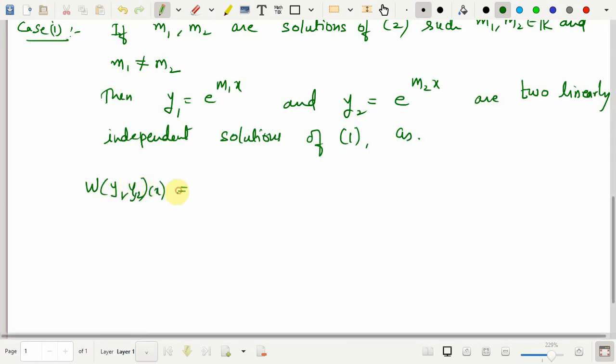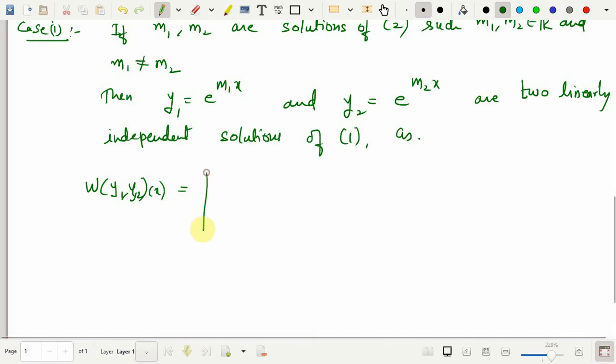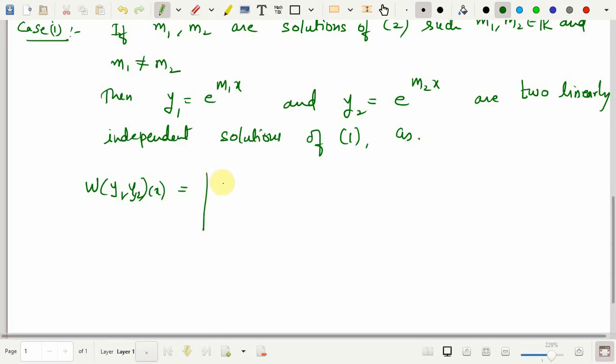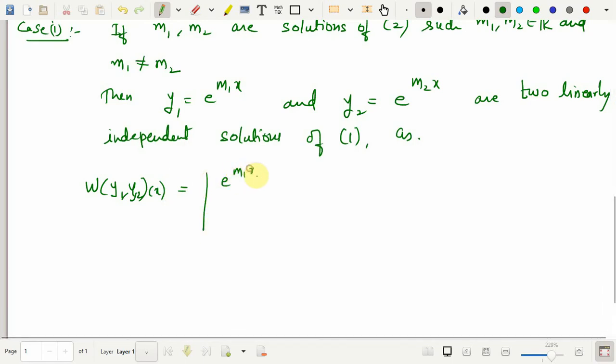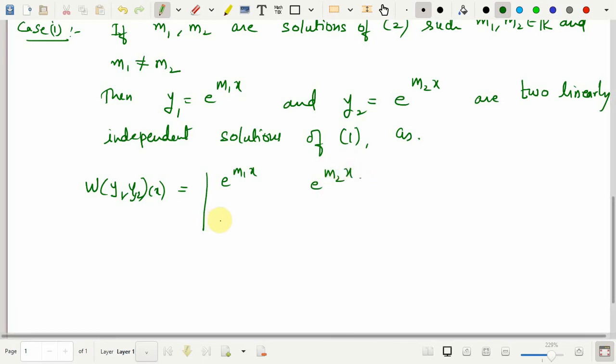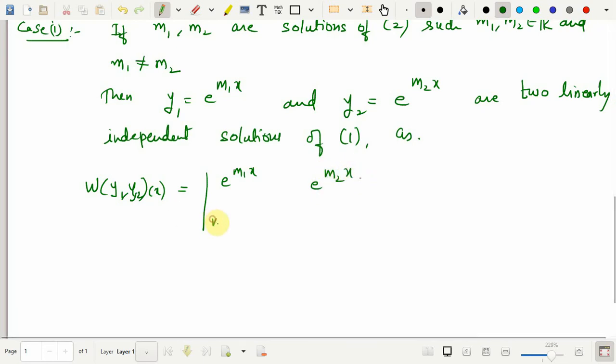Again, this x is coming from the domain of the solution. So that is the same as the determinant with first row y1 y2, that is e raised to m1 x and e raised to m2 x. The second row is the derivatives: m1 into e raised to m1 x and m2 into e raised to m2 x.